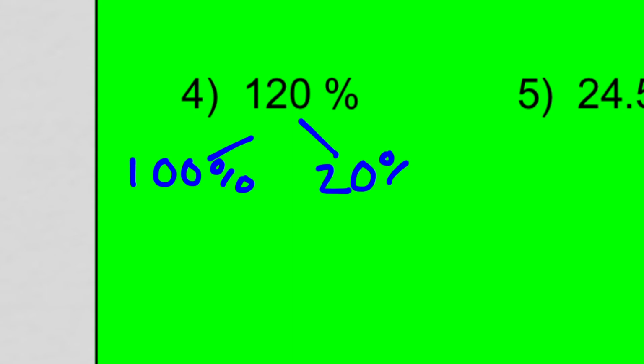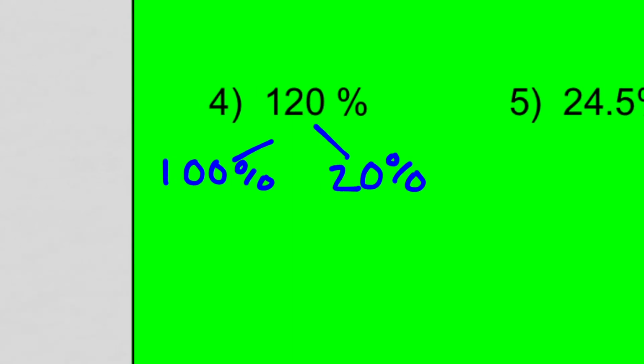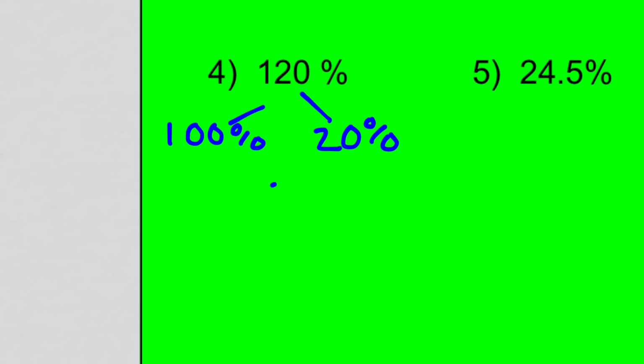120%. Well, what I would do here is break up 120% into 100% and 20%. Now, 20% I know means 20 out of 100. And 100% means one whole.